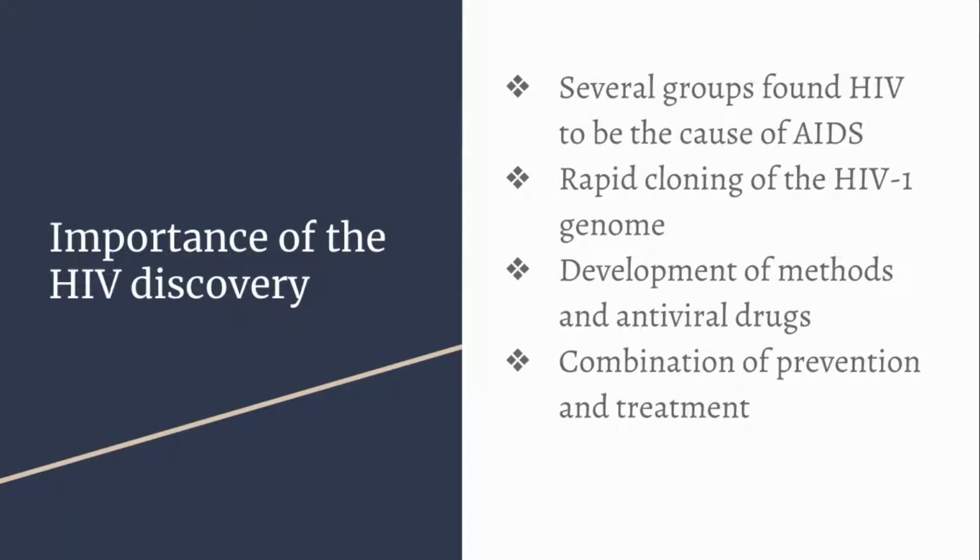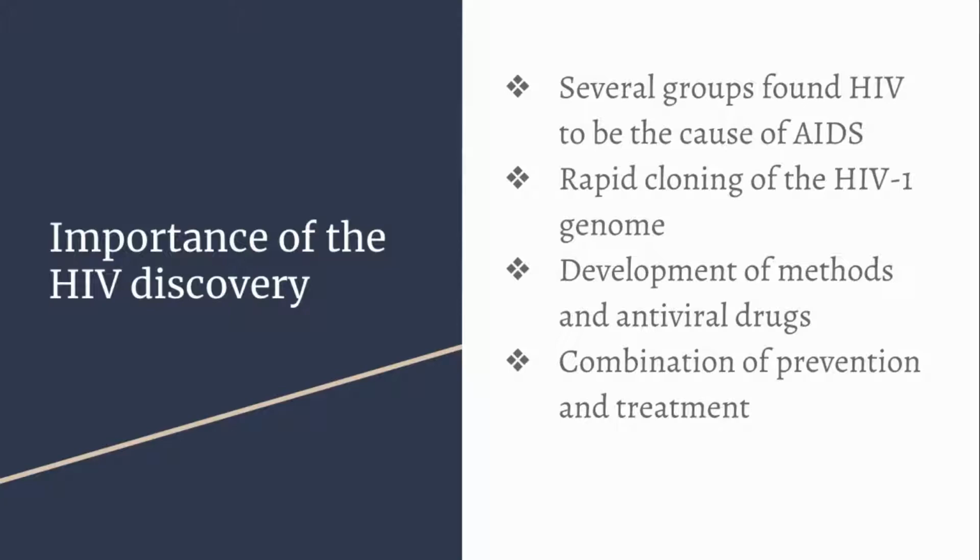Importance of the HIV discovery. Soon after the discovery of the virus, several groups contributed to the definitive demonstration of HIV as a cause of acquired human immunodeficiency syndrome. Barré-Sinoussi and Montagnier's discovery made rapid cloning of the HIV-1 genome possible.